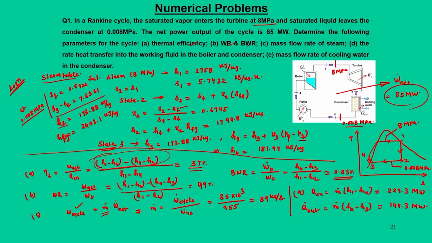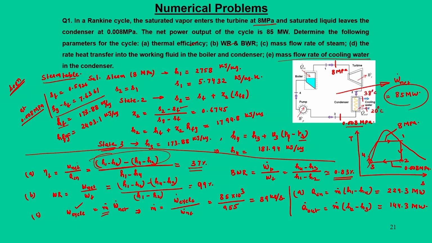And last part is cooling water. Here, this Q out which goes out of the condenser is taken away by the cooling water. We can make some assumption that at some temperature the cooling water enters and at some temperature it leaves. A tentative practical number could be: inlet temperature 20 degree centigrade, outlet temperature of this cooling water, let us say, 38 degree centigrade.